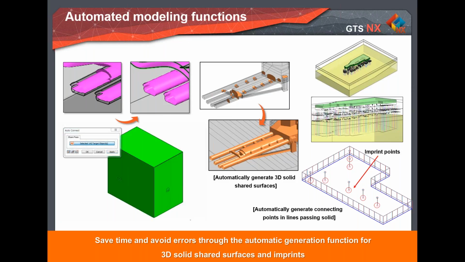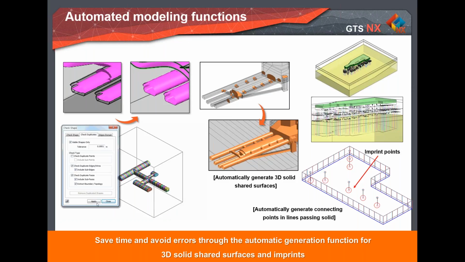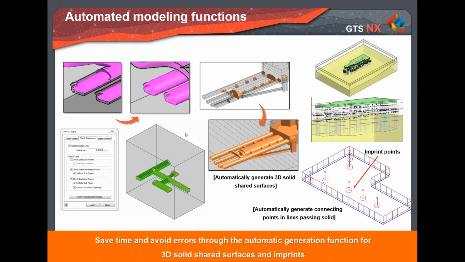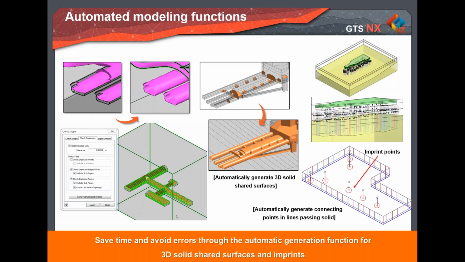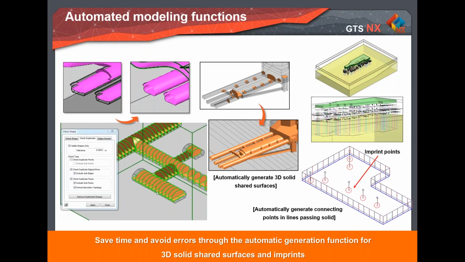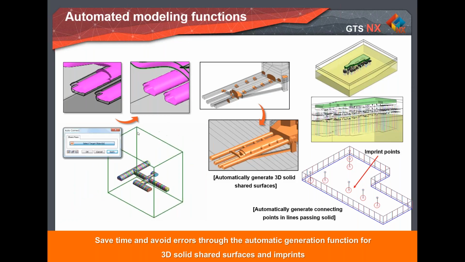So what we do, we came up with the option called auto connect. You just select all the solids and perform the auto connect operation. The program will automatically cut the inner solid out of the outer solid. It's true with imprint points. For example, you have nails supporting your tunnel excavation. As you know, proper finite element analysis takes place when there is node-to-node connectivity, correct?